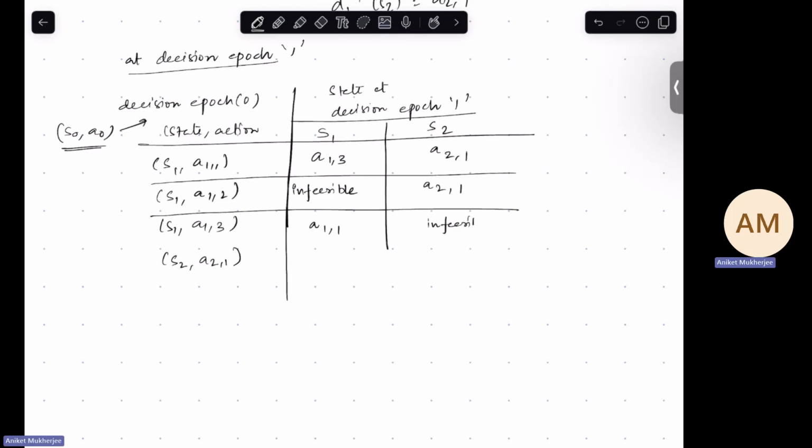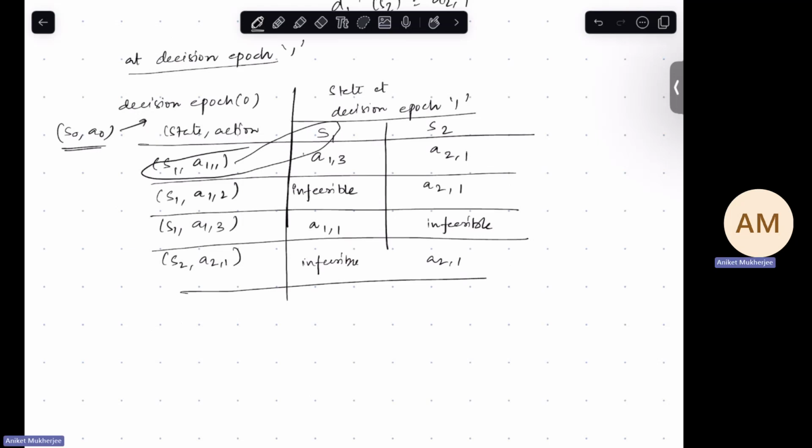This is infeasible because the probability of going to S2 if you are in S1 and you have taken the action A13 is 0. Similarly, for the last one, this is infeasible. Here you take the action. So you make a table yourself. Depending on the history, you take an action. If this string of history is not possible, then you will have no action to take because that string of history is not possible. Right.